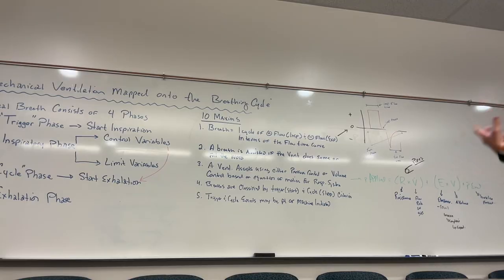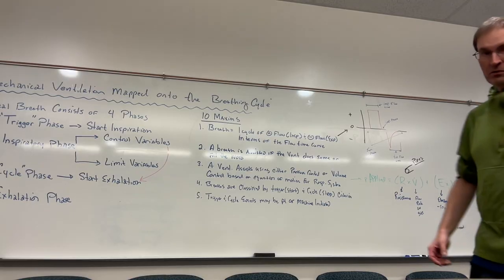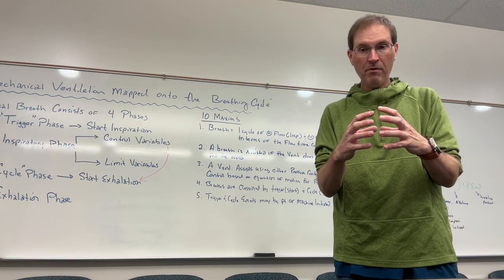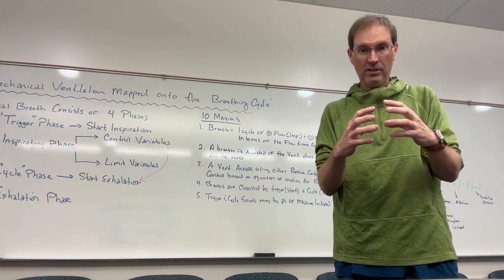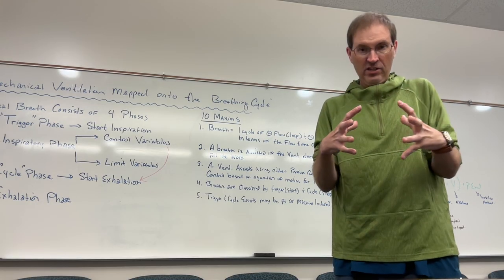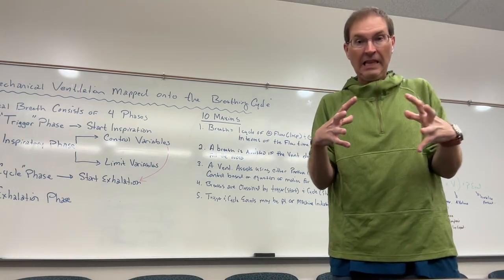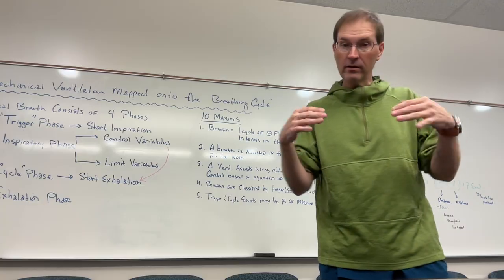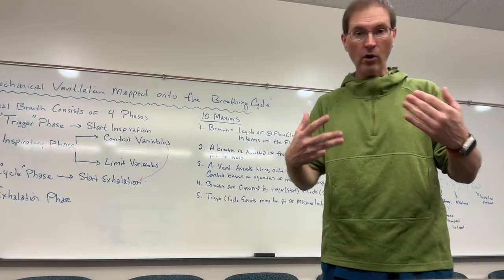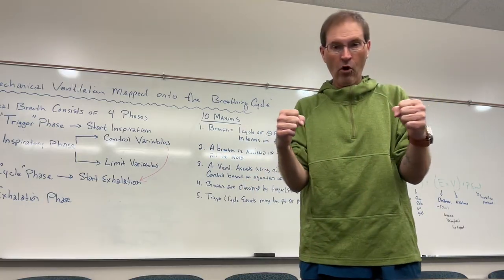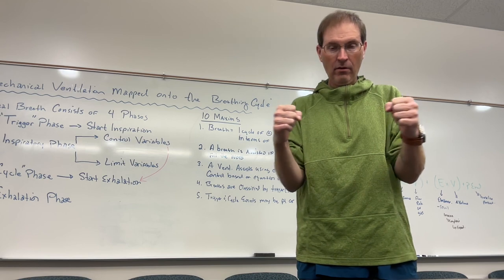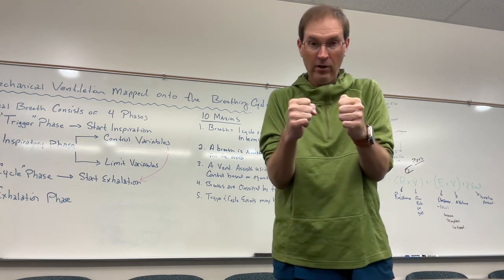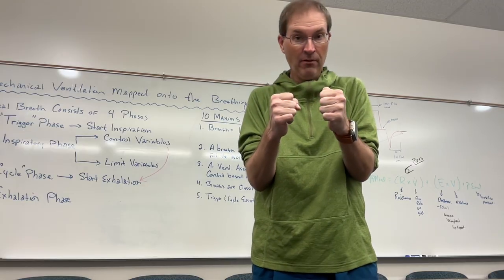Mathematically, it's the inverse of elastance, and compliance is essentially the lungs resisting expansion, right? So if you resist expansion, you are less compliant or more elastic, right? The more elastic you are, the more vigorously you are to recoil to your original state, right?